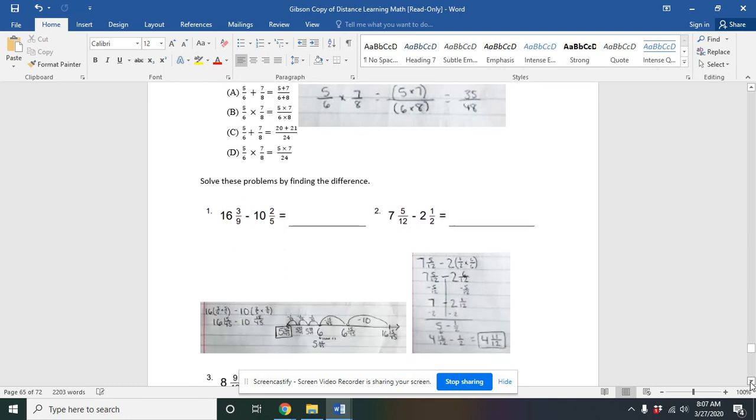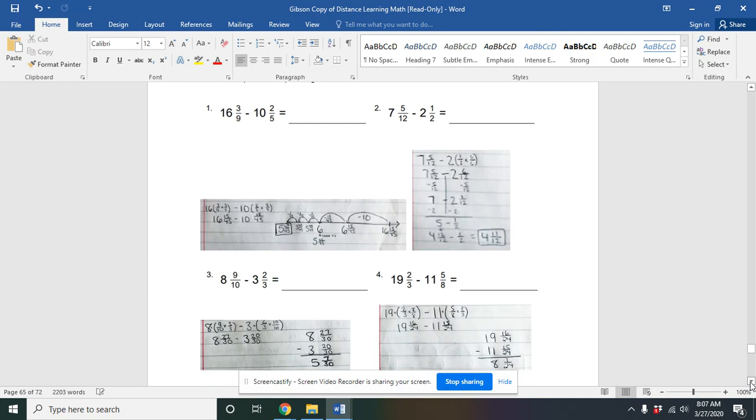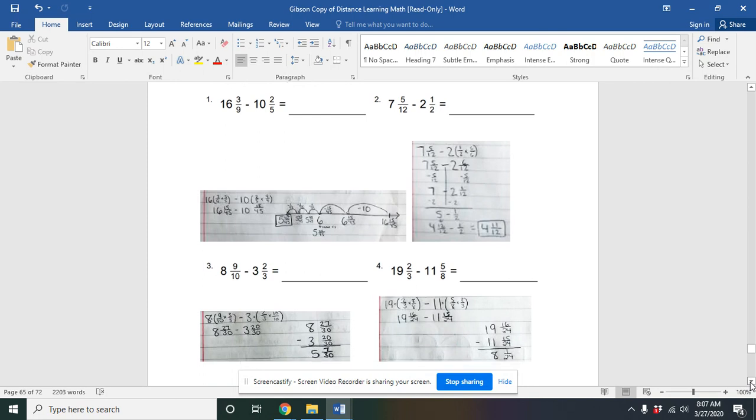Okay. Solve these problems by finding the difference. I did some of these in a couple of different ways, just so you guys can work on this. So we did a number line down here. You're finding the difference by subtracting over and over to get to the final answer.